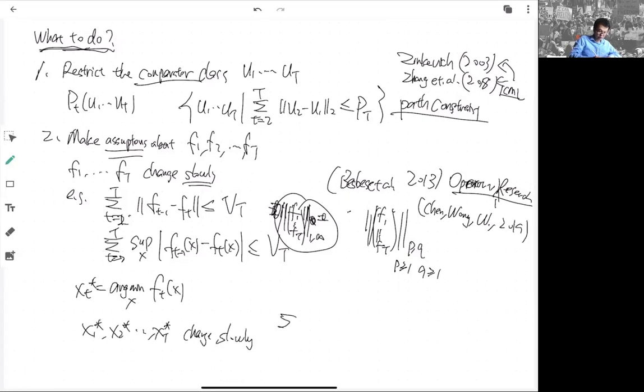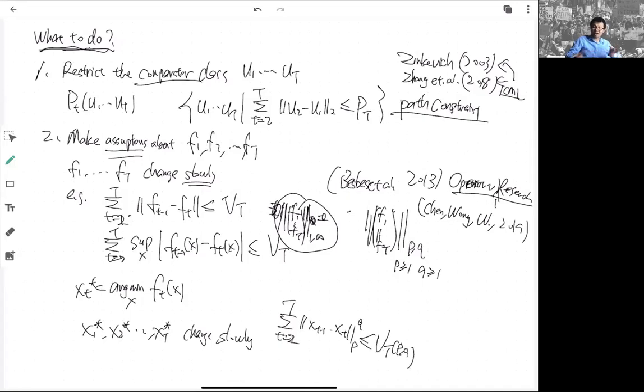For instance, you can talk about the sum over t from 1 to T of the norm of X t minus 1 minus Xt, P norm, maybe with a factor of Q here. So taking this to be 2, it's smaller than some variation constraint PQ.